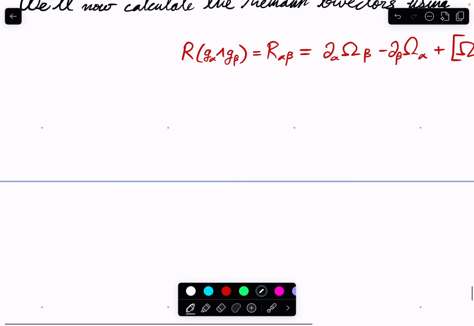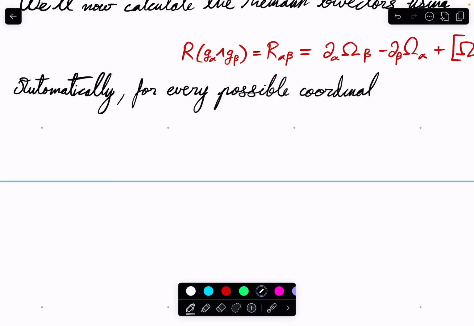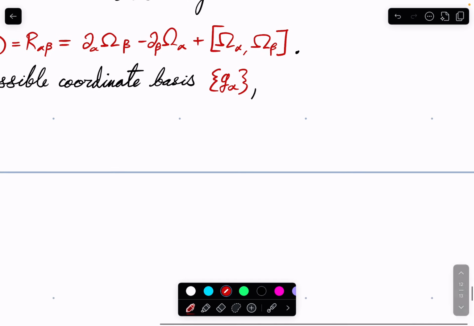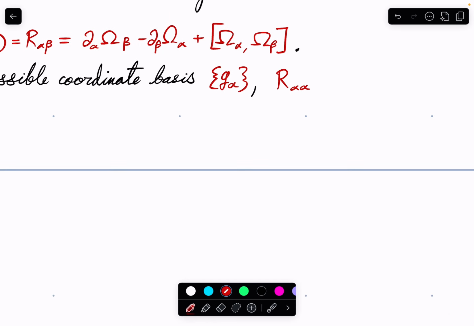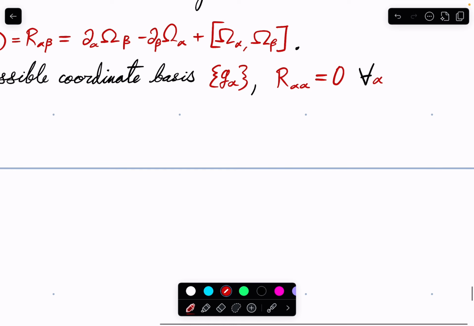So automatically, for every possible coordinate basis, it's true that R alpha alpha is equal to 0 for all alpha.